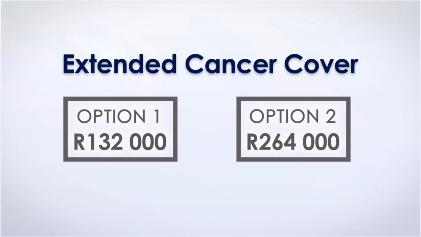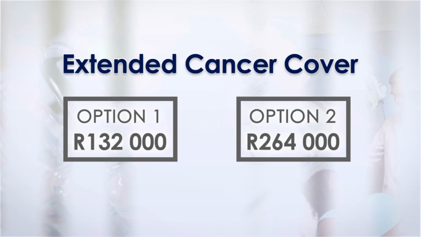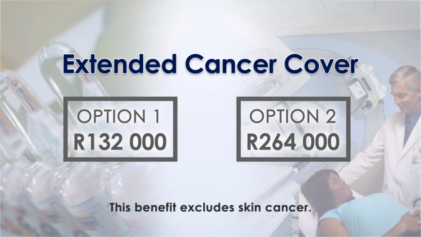These amounts are paid out in the event of a first-time diagnosis of cancer. Although the benefit is intended to assist in covering the costs of medication and treatment, this can be used to cover any costs that arise as a result of this diagnosis.